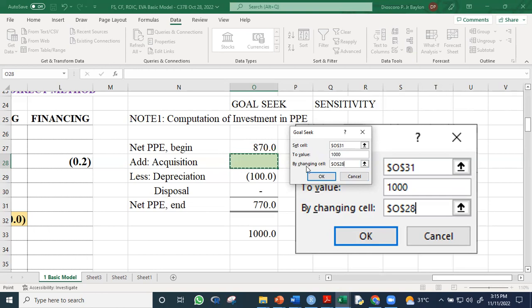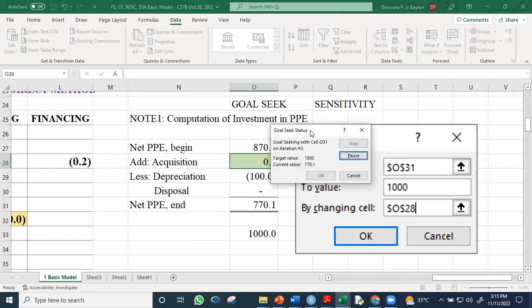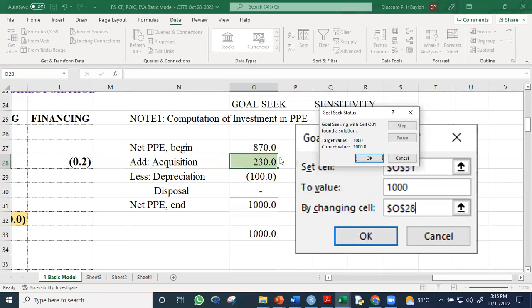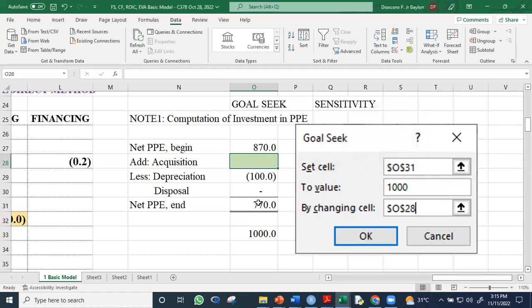Changing cells means it will iterate. It will try several values. That's why when we click OK here, what is it doing? It's actually iterating there. And it came up with 230 and the net PPE, as we wanted it to be, is 1,000. Oops, wala. Sorry, dapat na okay ko.